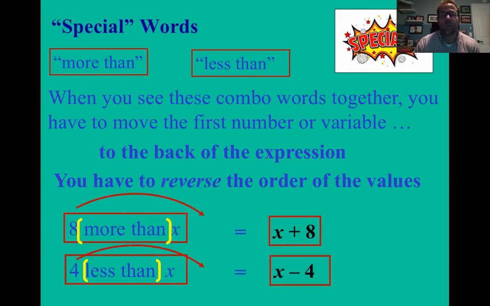Okay, so we have our general rule, which is write it as you read it. But then we have some special combo words. Now I'm going to give you another rule, and this is what I call the VIP words. If you think of a VIP party, what does that mean?